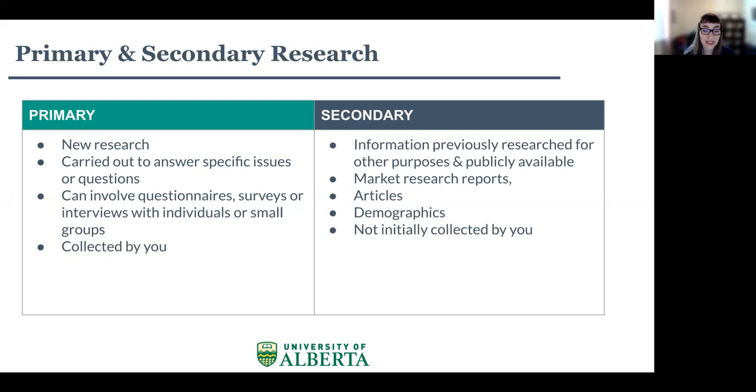So for example, if company information is produced by the company itself, you may get a much more positive spin than news articles about that company. So this is a really excellent project. To create a really good entrepreneurship challenge project, you'll have to do both primary and secondary research, and where the library can really help is secondary research, but this alone may not answer all of your questions.